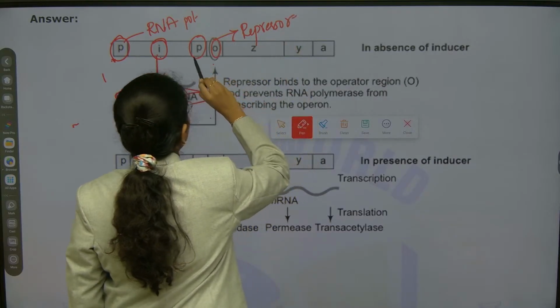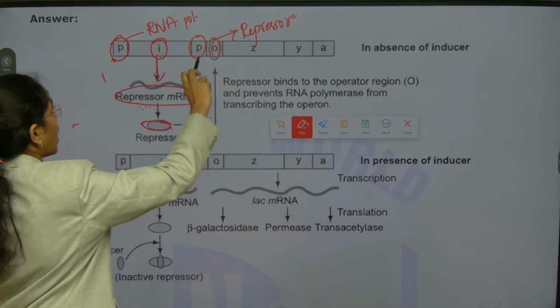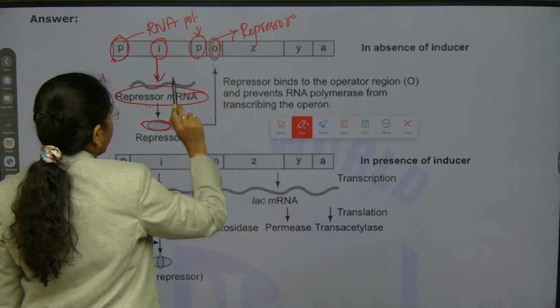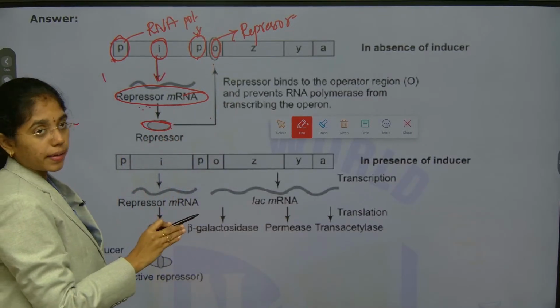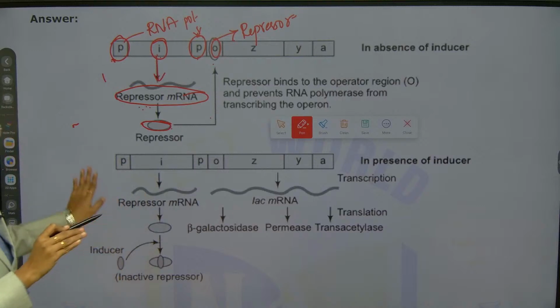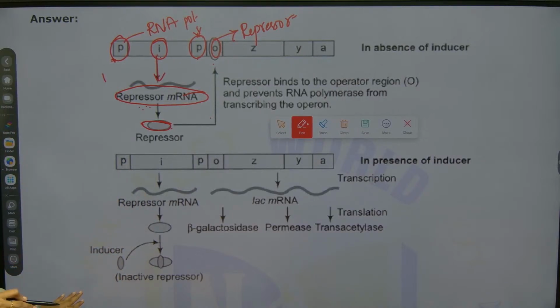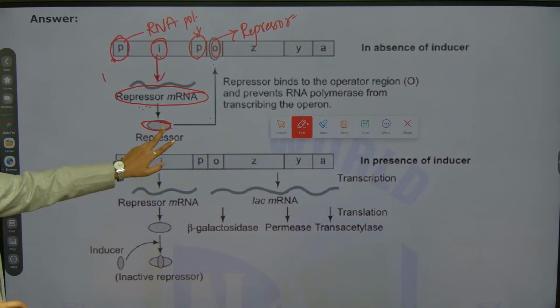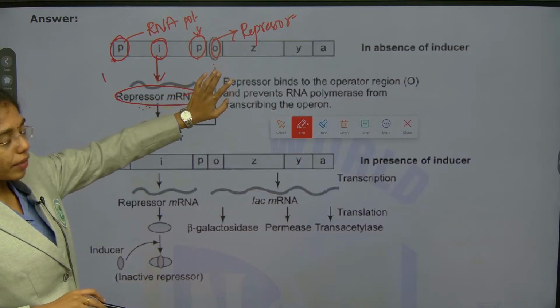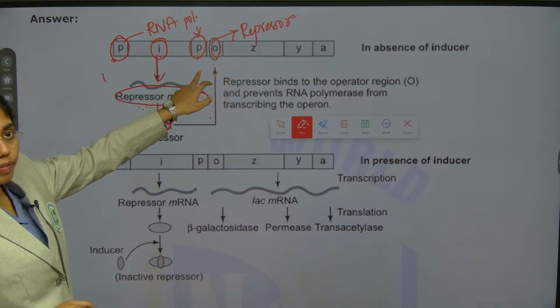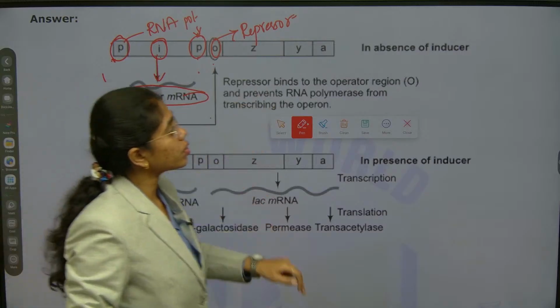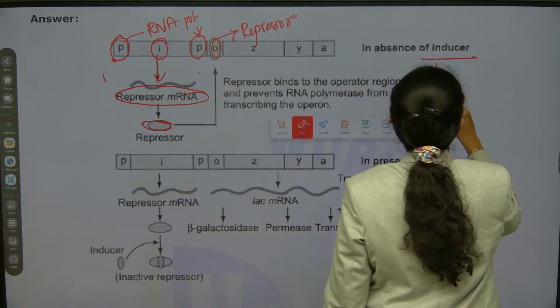Here again to the promoter region RNA polymerase will bind, and if repressor is present, in the absence of inducer, what happens? What is the inducer over here? Inducer is lactose.